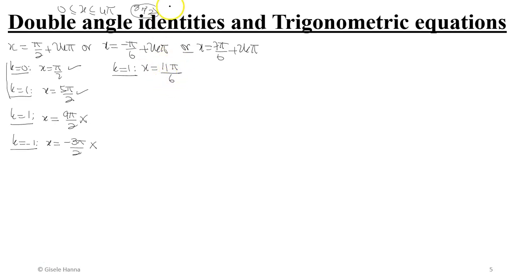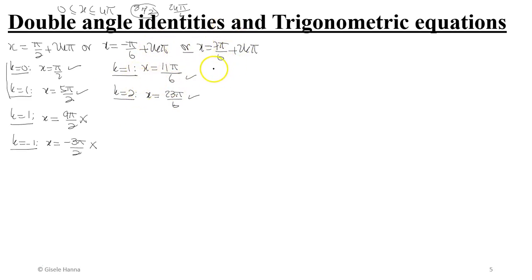That would in fact be 24 pi over 6. So as long as the angle is smaller than 24 pi over 6, that is accepted. So this is accepted for k equals 2. Now that is 24 minus 1, that's 23 pi over 6. That is also accepted. For any other value of k, that will be rejected.